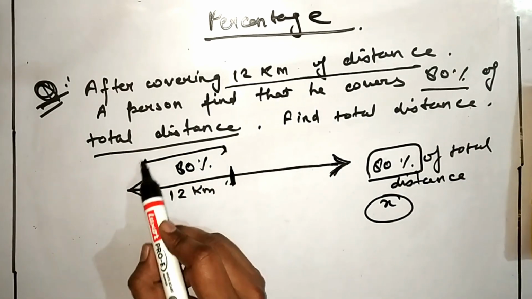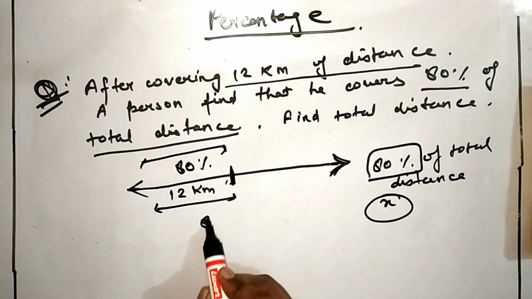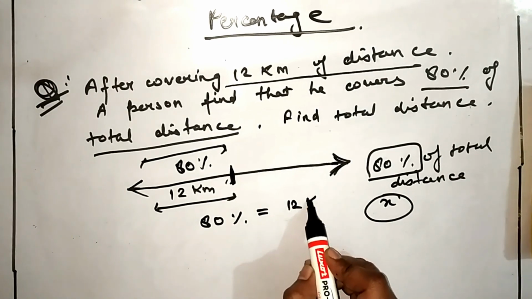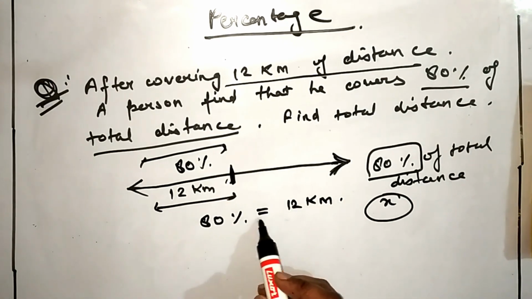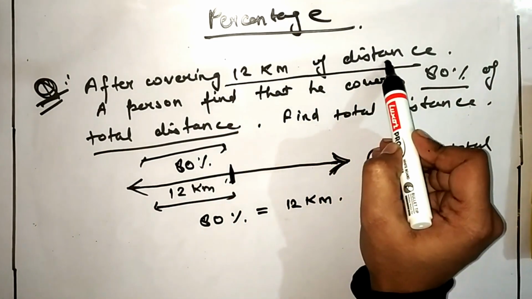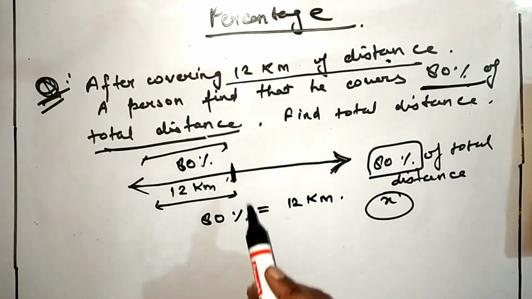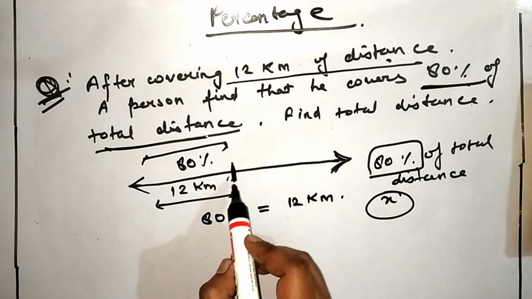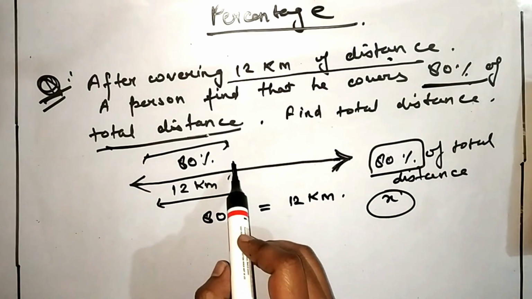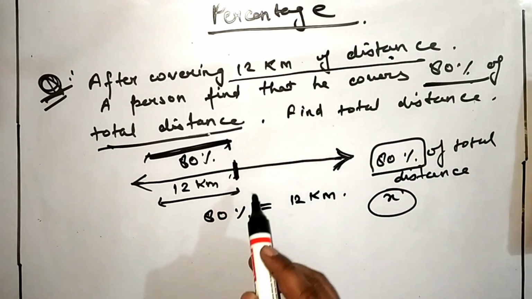So 80% becomes equal to 12 kilometer. The question is saying after 12 kilometer of distance, a person finds that he covers 80% of the total distance. Means when he was here at 12 kilometer, he covered only 80% of the distance. He did not cover the 100% distance.